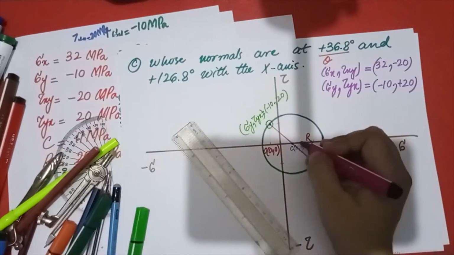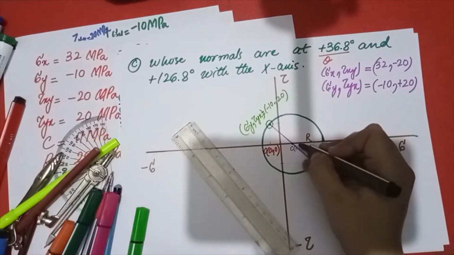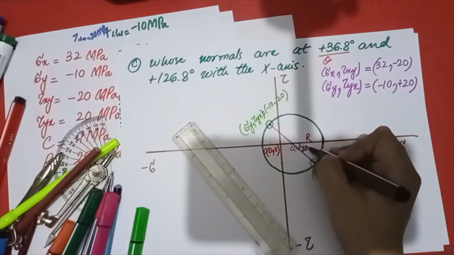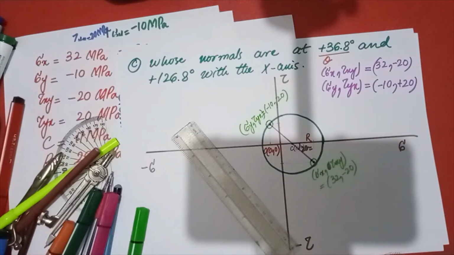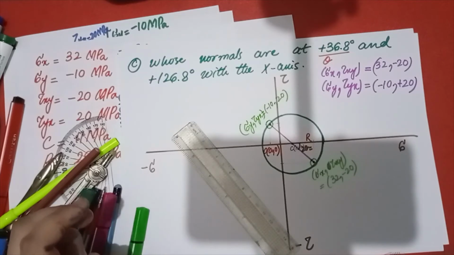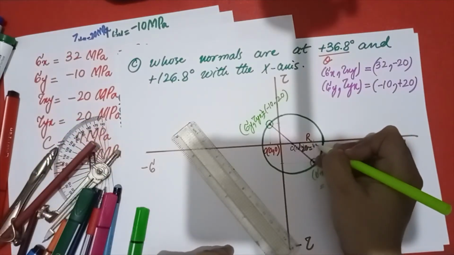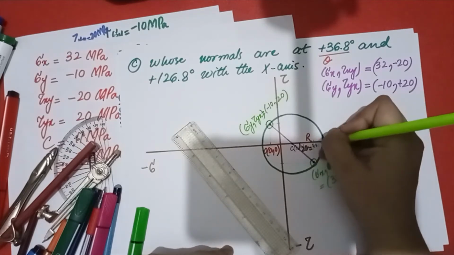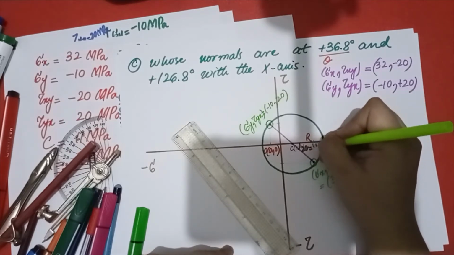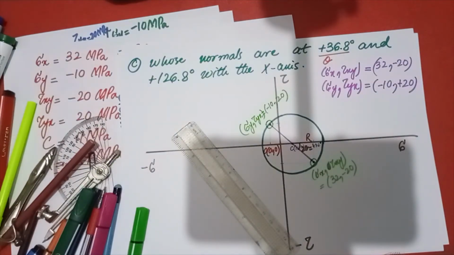Now this one is done, and you know that this is 2 theta, and 2 theta is equal to 43.6 degree. Okay, done. Now the angle given to us in the question is 36.8 degree, that is theta.